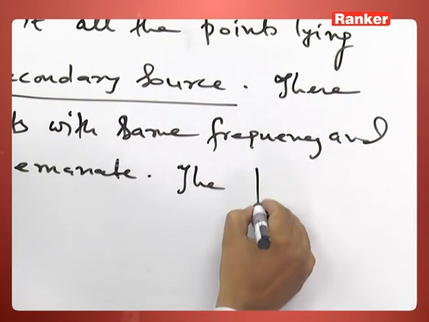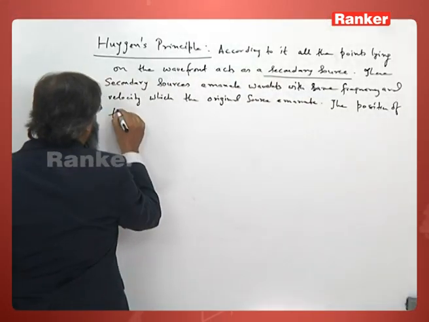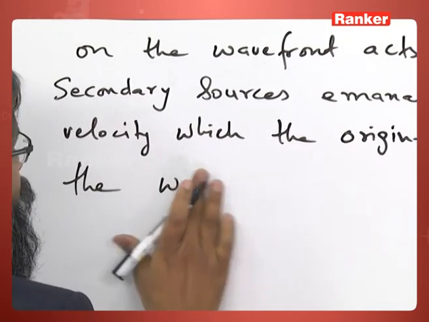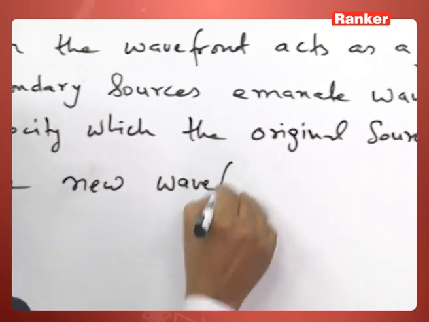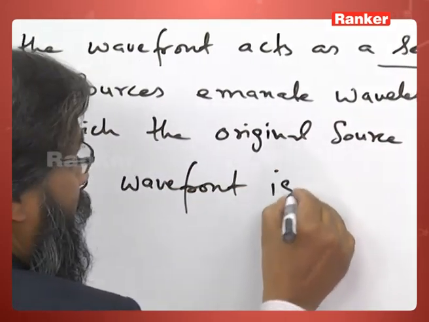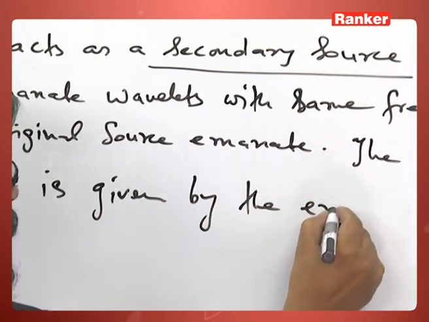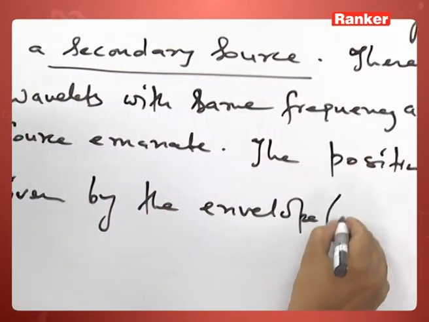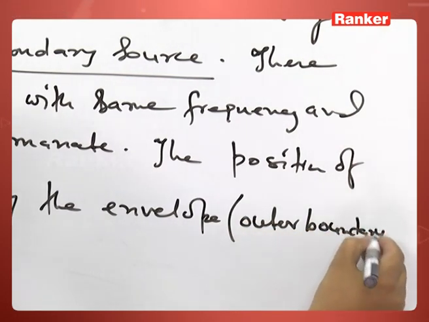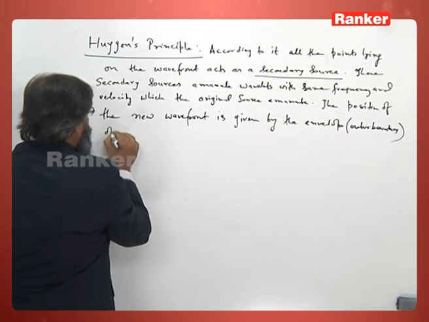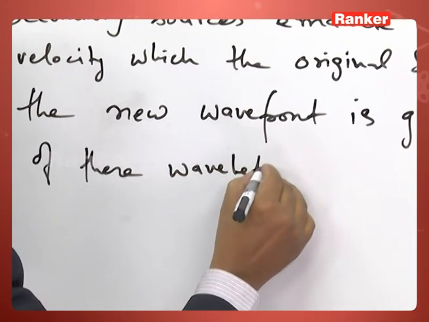The position of the new wavefront is given by the envelope, means outer boundary, envelope of these wavelets.